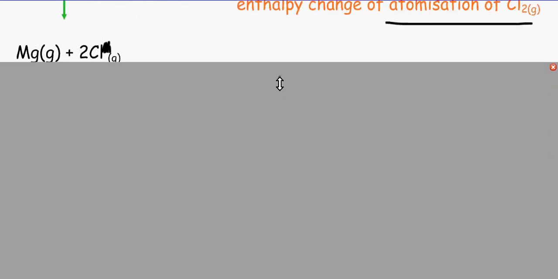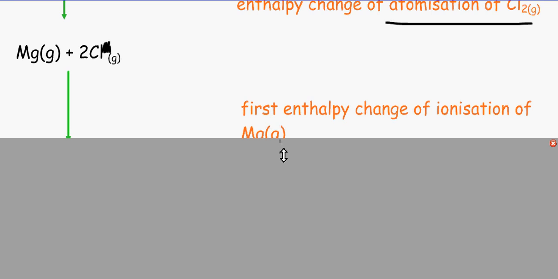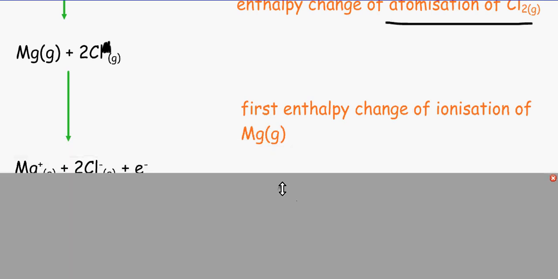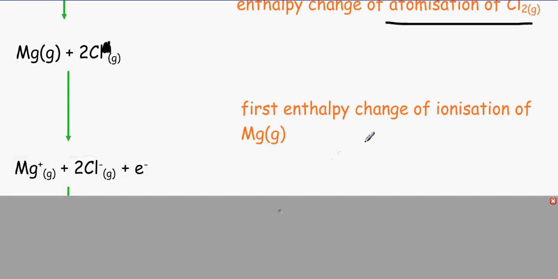The next thing that happens is that we ionize. I will have to put a little disclaimer at the end, because atomization and ionization, especially when it comes to Cl2, can be swapped around. These orders can be swapped around, but let's not go into that. Don't worry about that.